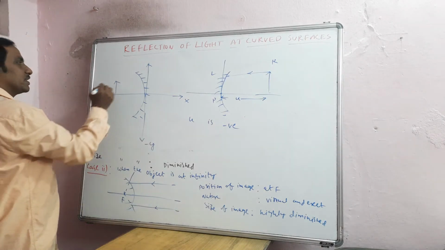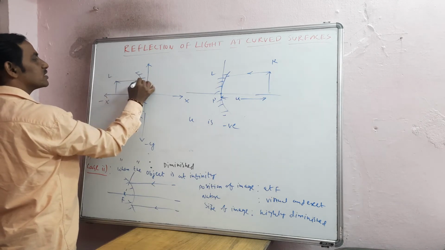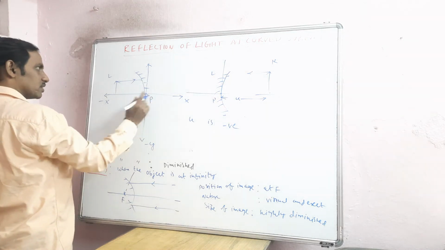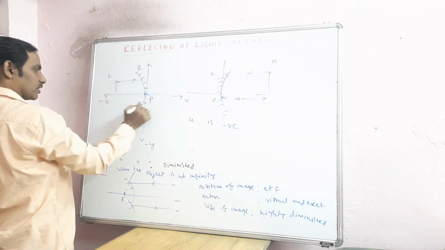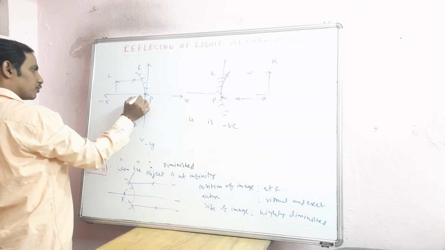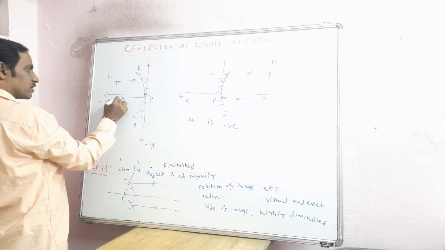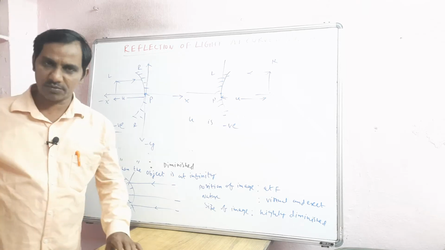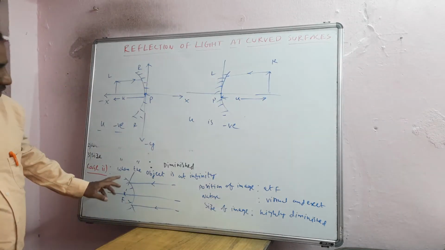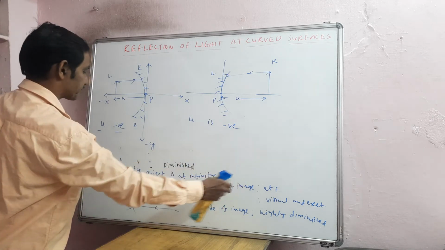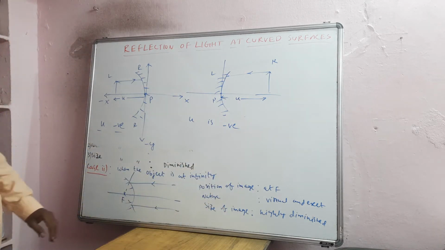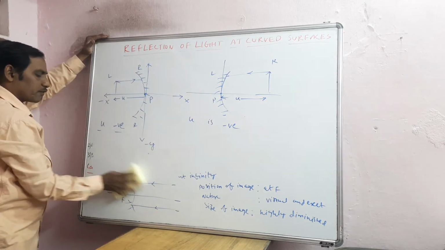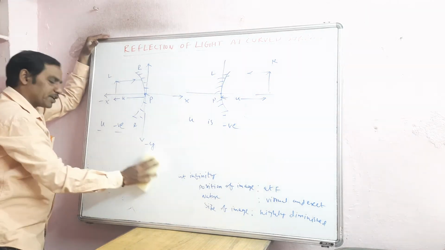Or otherwise the light ray is coming from left to right, and when you measure the distance from the pole you go right to left, so here also it will be negative. Whatever position you keep the object, the sign convention remains the same. You have to remember that. Whether you take the object on the left or right, according to sign convention the object distance u will be negative only.